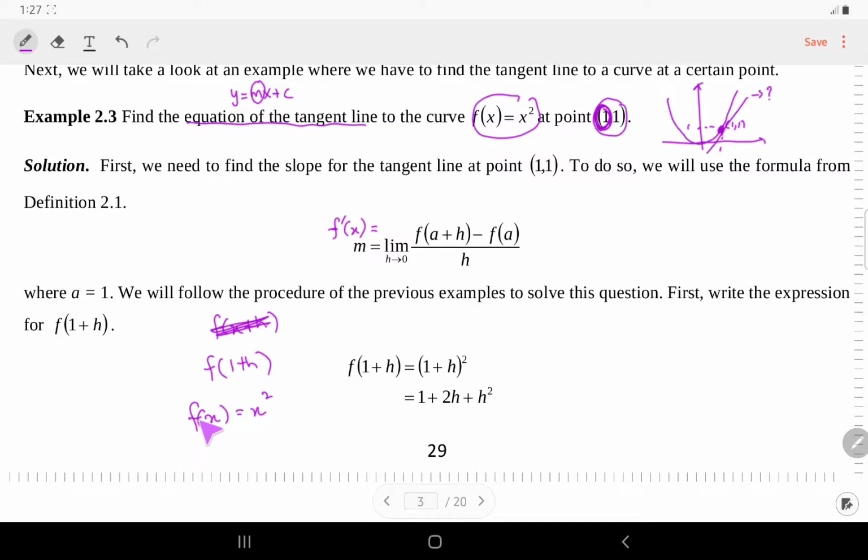So if you want to find f(1 plus h), meaning that you need to change all of your x into 1 plus h. So f(1 plus h) is equal, x ni gantikan dengan 1 plus h. So we will get (1 plus h) square, and then expandkan dia akan jadi 1 plus 2h plus h square. Okay, this is the first step.